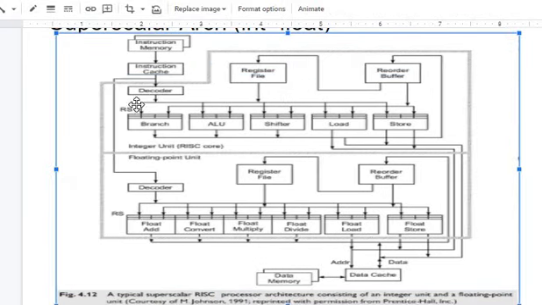Next we have the instruction cache, where selected instructions from instruction memory are loaded onto the cache. I use the word selected because instruction memory includes all, but if I say instruction cache, understand that it holds the next few executable instructions. Please remember the difference between memory and cache. Memory means all, cache means the few which are about to execute very shortly, not delayed.